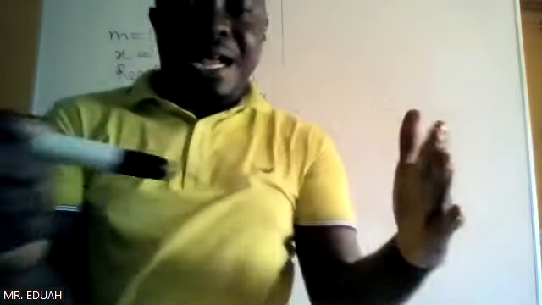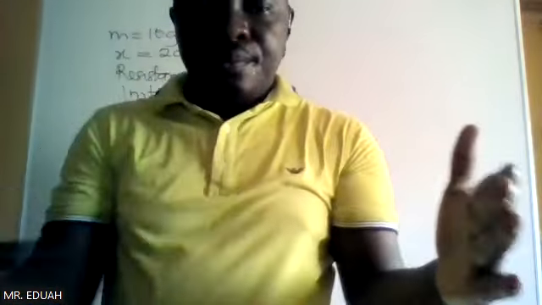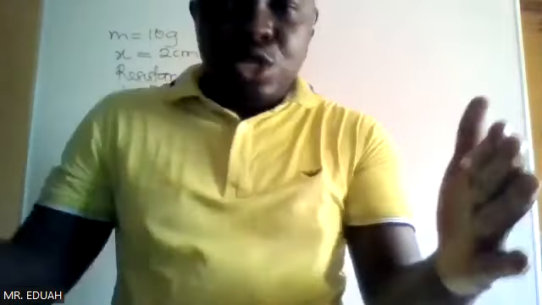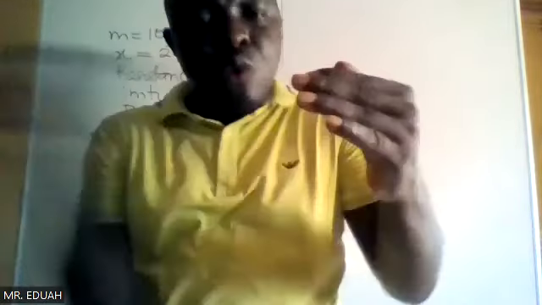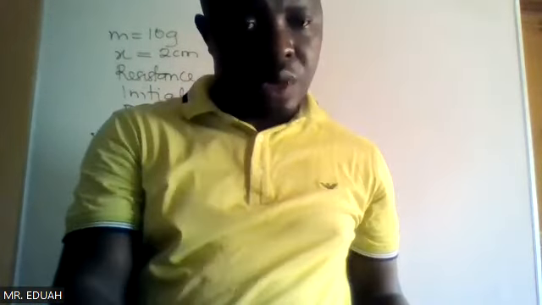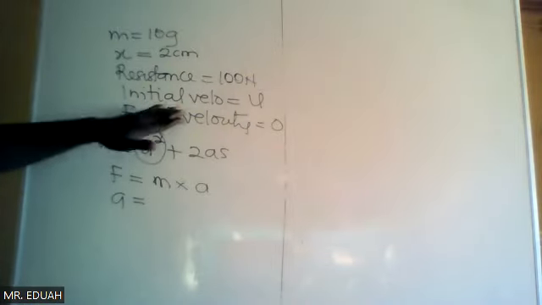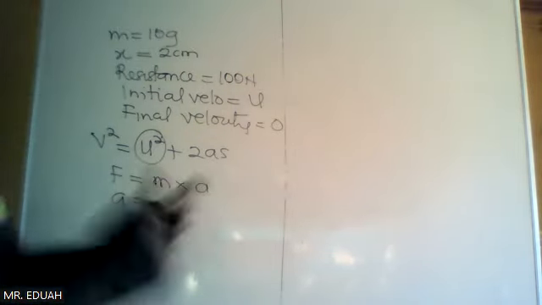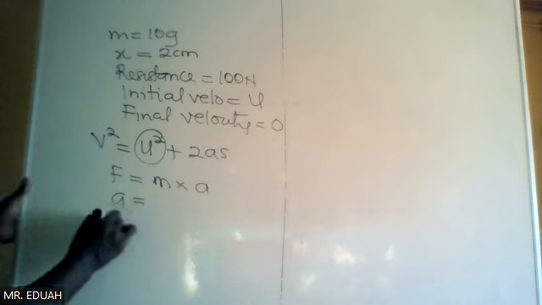So assuming the marker is the bullet, it goes with some force and the force is resisted. We were not given this. Meanwhile, we're given the resistance. So we use the resistive force of 100 Newton as a net force.